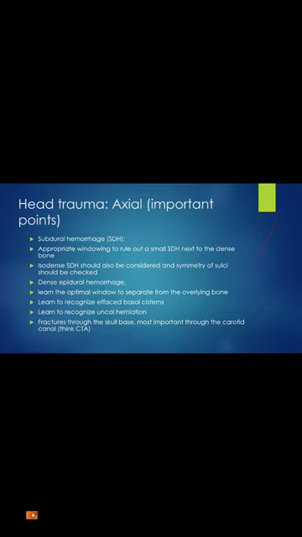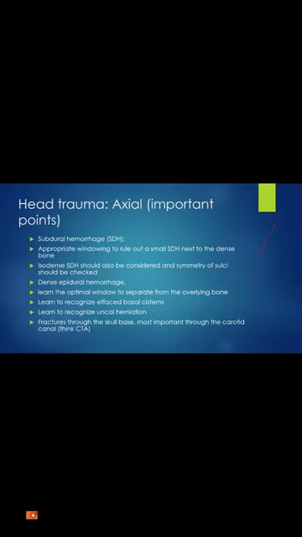So we have to learn how to optimize this window and learn to recognize the effaced basal cisterns. We all have a tendency, when we see younger patients, to know that the brain is not atrophied, so if we see slit-like ventricles, it's fine.